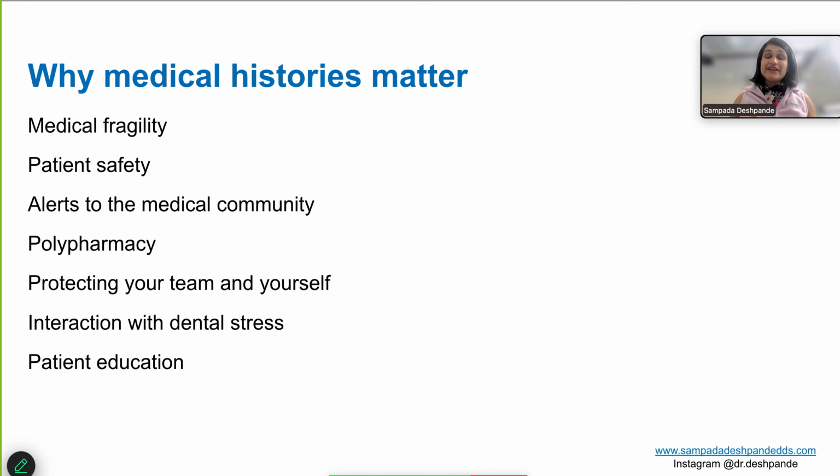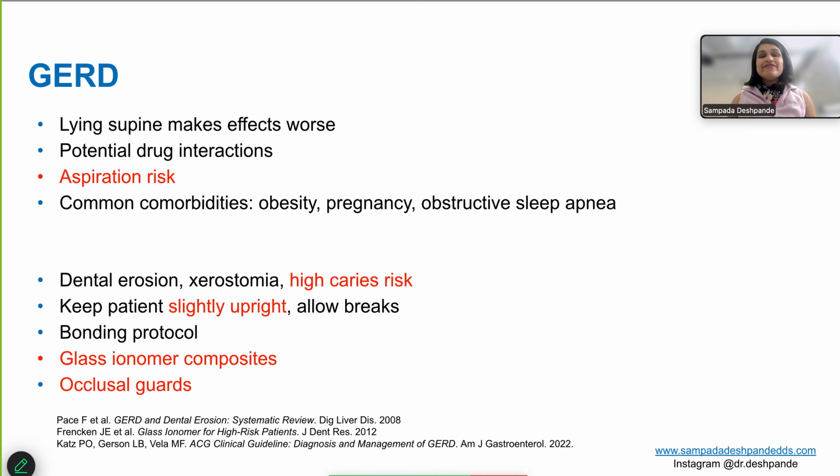So, this is a reminder for us to kind of make patients aware of the seriousness of their medical conditions and to take their own safety very, very seriously. Okay. So, with that, we'll start with a deep dive on some of the most common medical conditions.